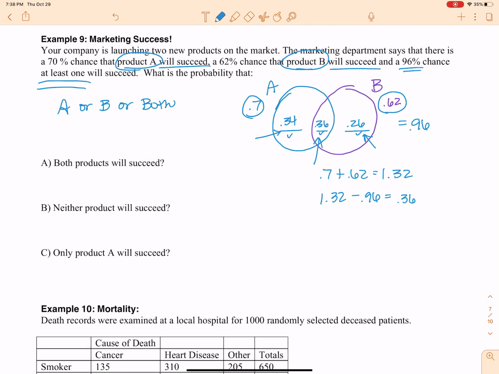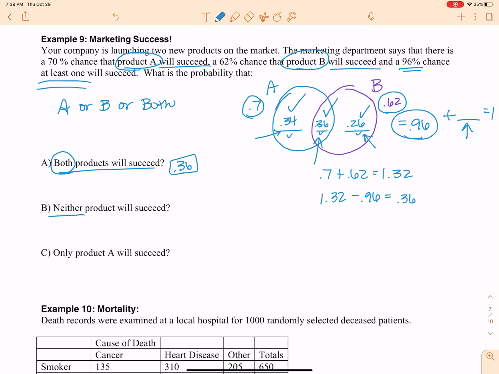All right, so once I've got the Venn diagram filled in, then I can answer my questions. So both products will succeed. Well, both is that overlap right there. Neither product will succeed. Well, remember, this blank plus this blank plus this blank equals this, and then plus something is equal to 1, and that something is neither.